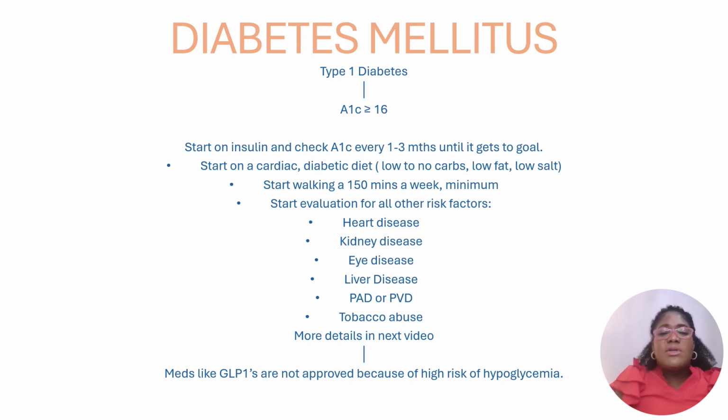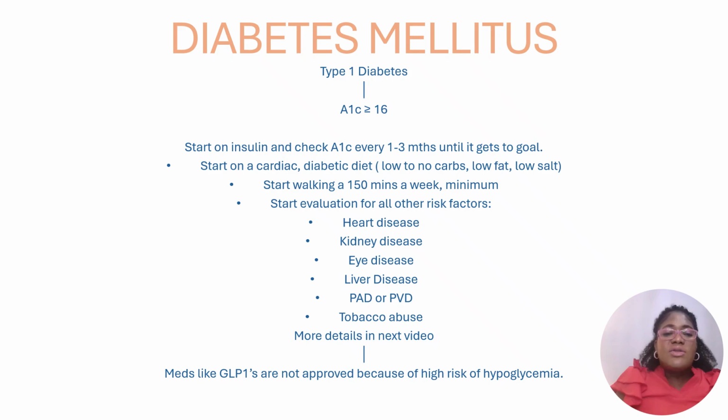You're usually going to be started on insulin, and the insulin is usually a pre-meal insulin and long-acting insulin, and this is calculated based on your weight. And an A1C usually will be checked every 1 to 3 months until it gets to goal.